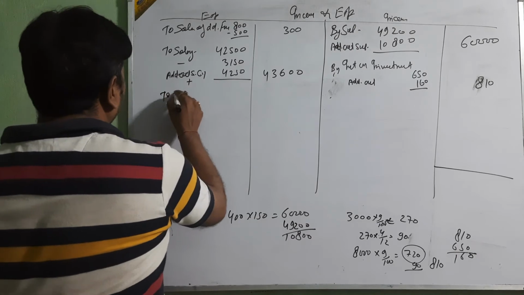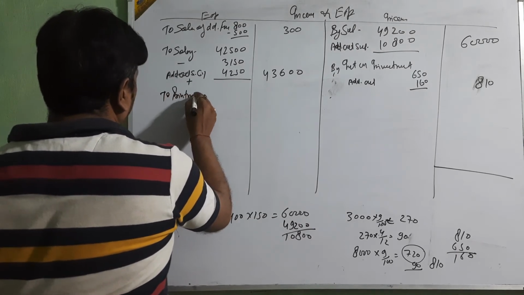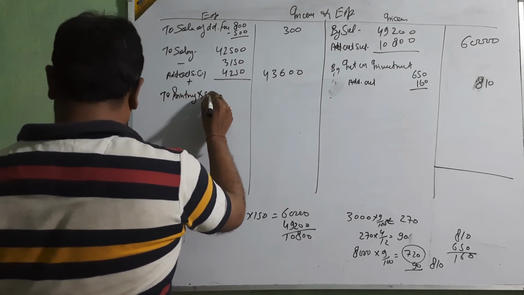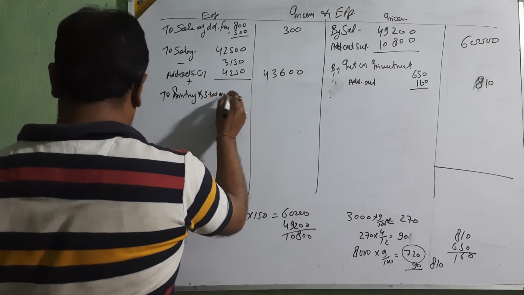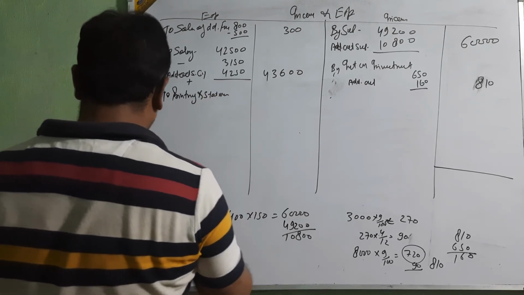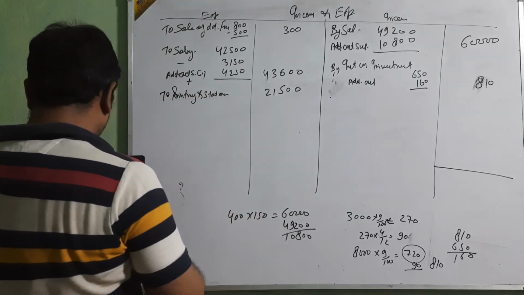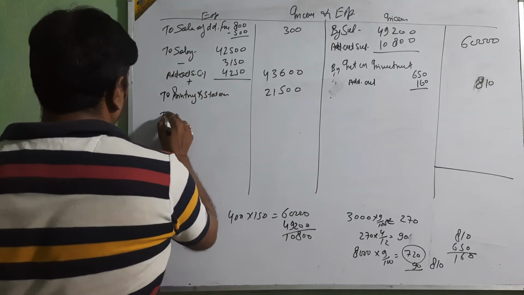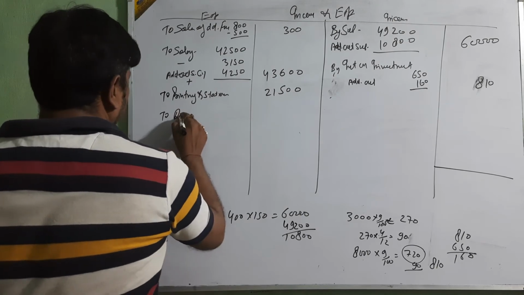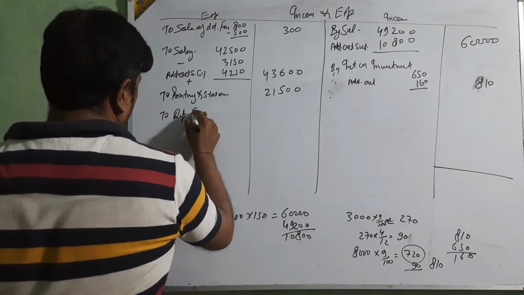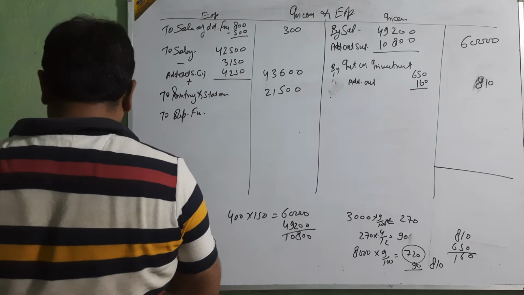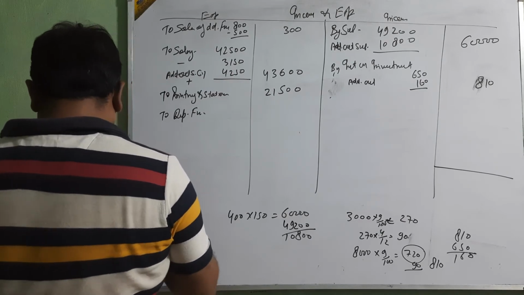Okay, then next, printing stationery. Anything is no. 21,500. Then furniture. We are not going to say depreciation. Furniture 15,000 this side.